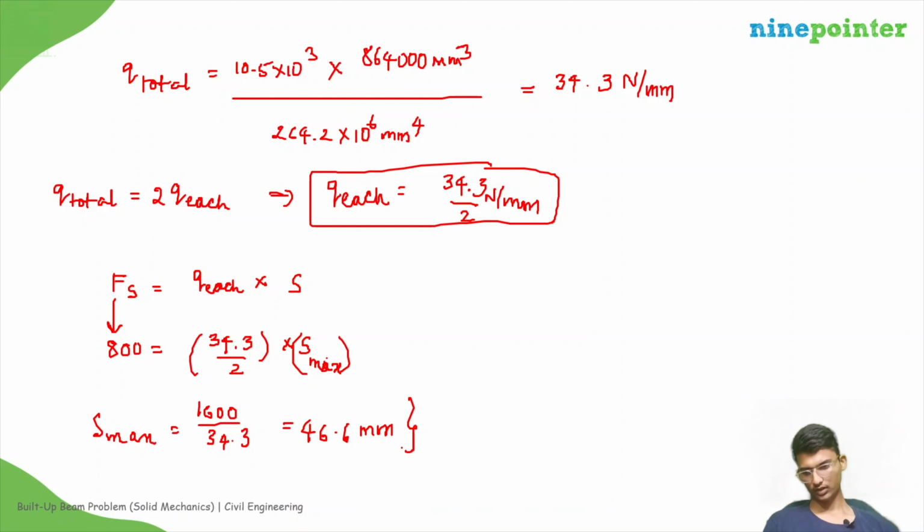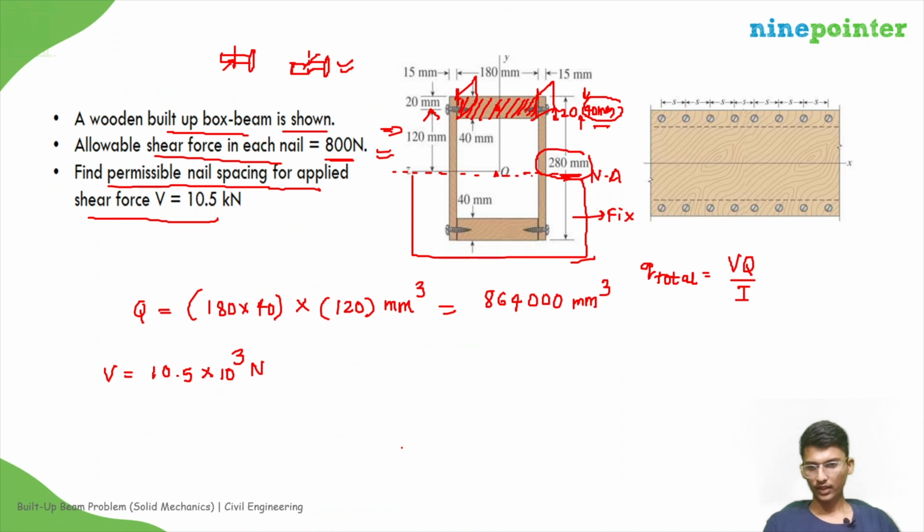Okay. So before ending this lecture, I want to discuss one more thing. When there is a beam, because of the loading on the beam, generally the shear force varies at every cross section, right? Means at every cross section the value of q each varies.